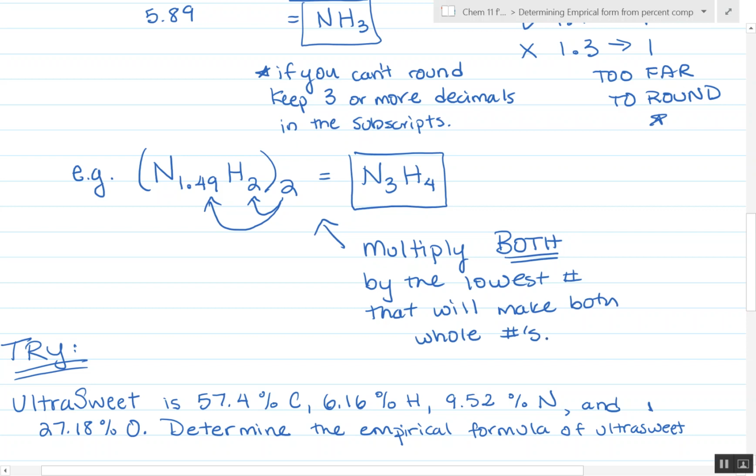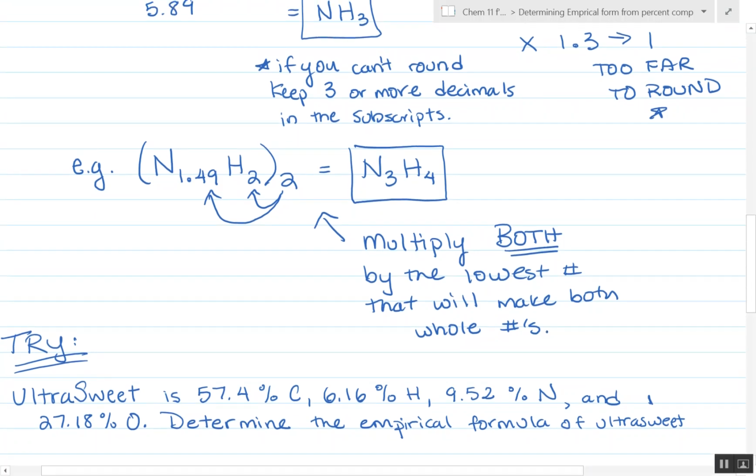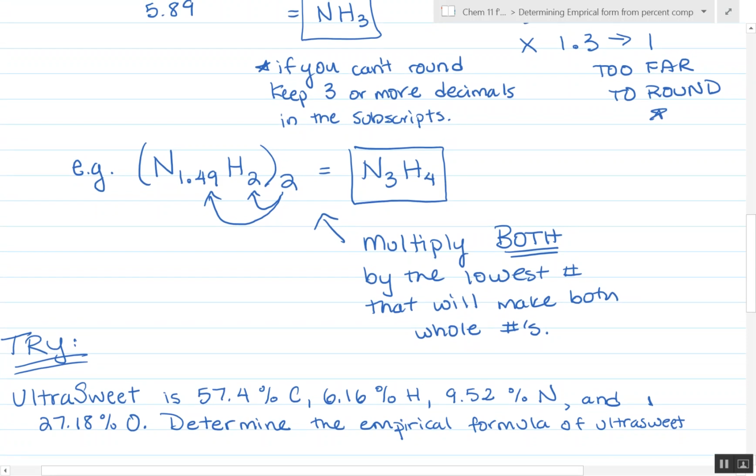Okay, usually on tests and quizzes it'll be very obvious, okay, but sometimes on a worksheet you might encounter a number that you might have to multiply by something other than 2. Okay. All right, so hopefully you feel comfortable with that. So go ahead and try the practice problem there that you see on the bottom of the page. So pause the video here, try the practice problem, and come back for the answer.